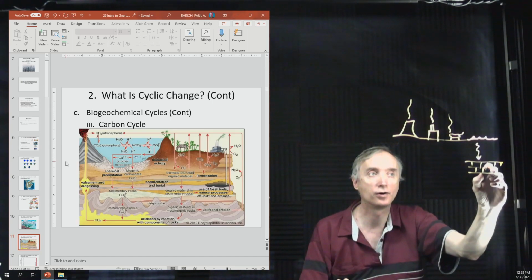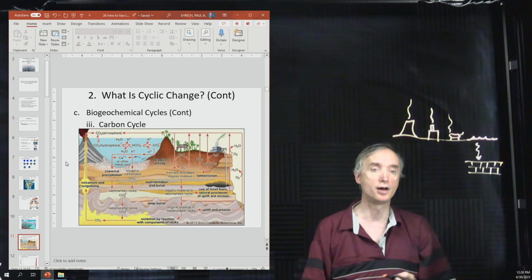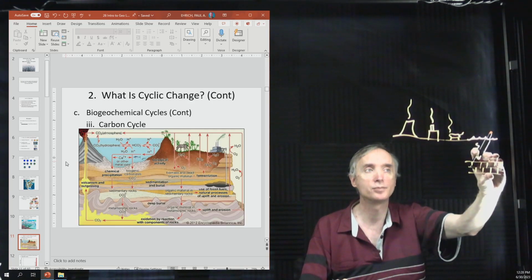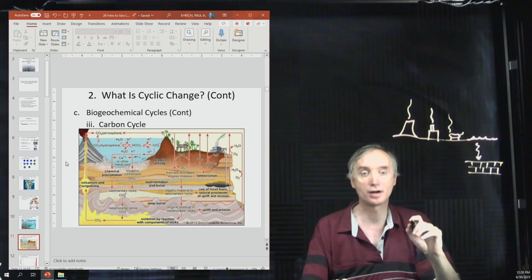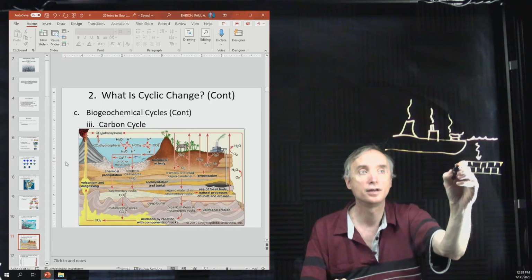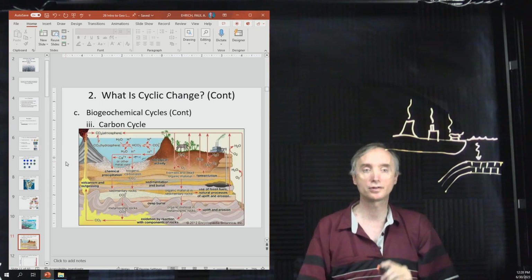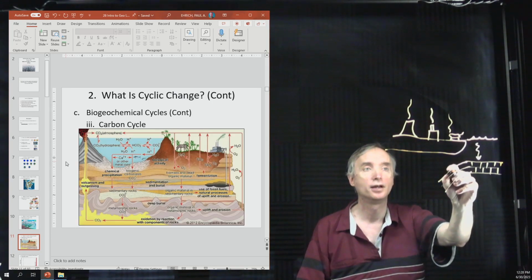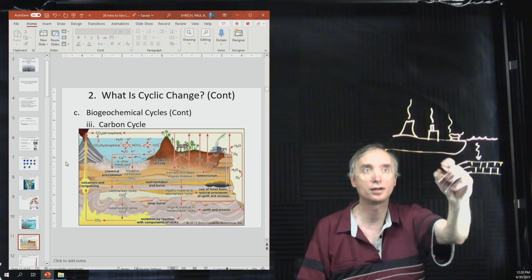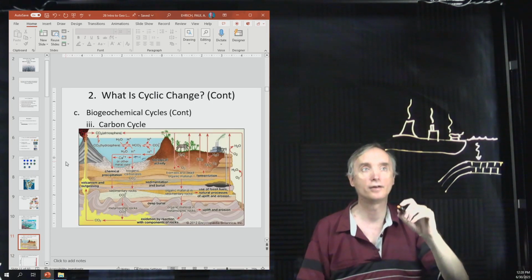So most of Earth's carbon dioxide is locked up in the form of limestone. But then this limestone lithosphere could be subducted. Let's assume that this is the continent, and this part of the lithosphere is subducted back underneath the continent. Then as it gets hotter and hotter, the carbon dioxide will be released, and it can come back out the volcanoes again. Also, you have trees.